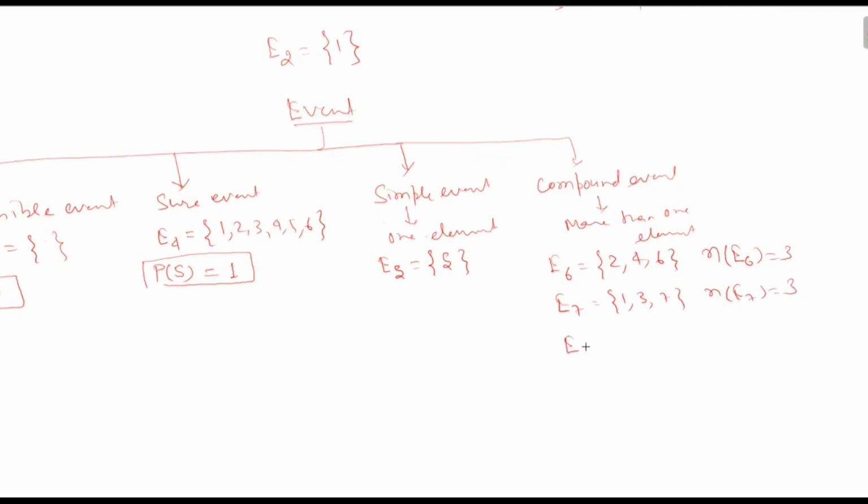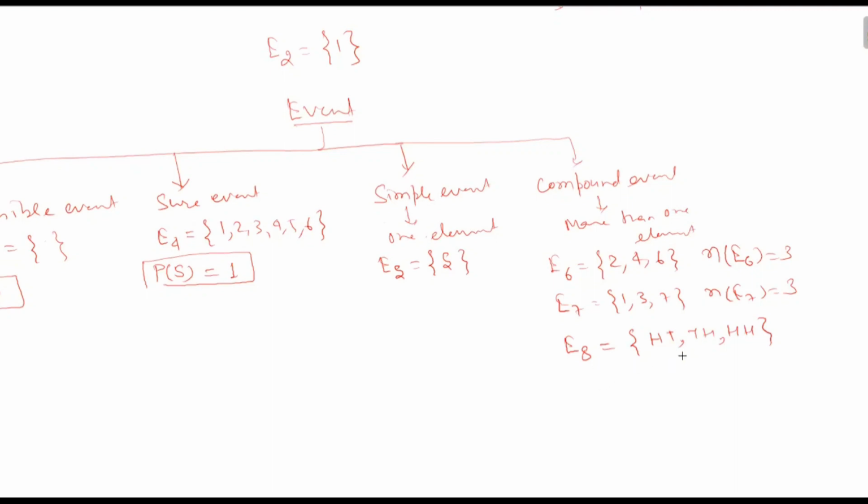For example, if I throw two coins together and say that I get at least one head, the outcomes are head-tail, tail-head, or head-head. This is again an event in which more than one element is there. If any of these happens, I will say that at least one head has come.